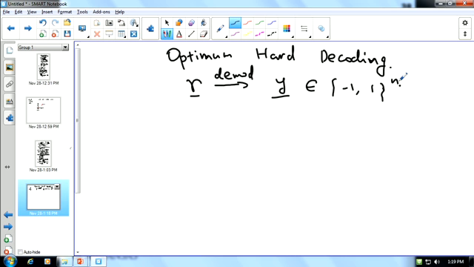Instead, we have binary information, and we are maximizing the likelihood function here. In the previous page, for the optimal soft decoding, we were maximizing the conditional PDF of R given X. And here for the optimal hard decoding, we maximize the likelihood function of Y with respect to X. That's the difference.